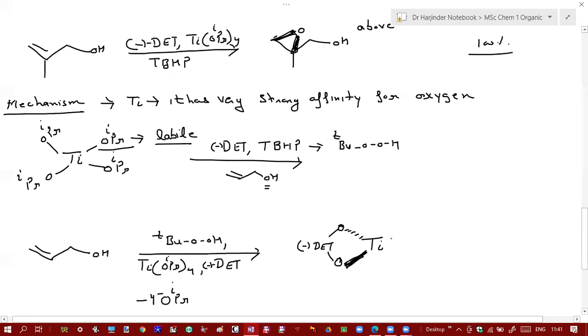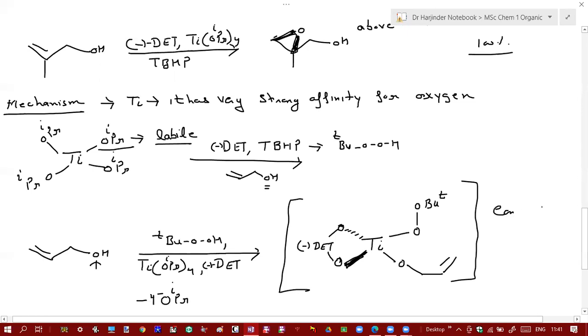From another side, it combined with tertiary butyl hydroperoxide. And from the other side, it combined with the oxygen atom of this allyl alcohol to give rise to this new complex. Is it clear? Yes, sir.